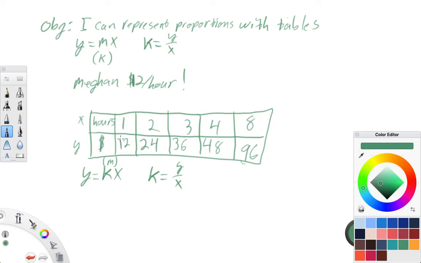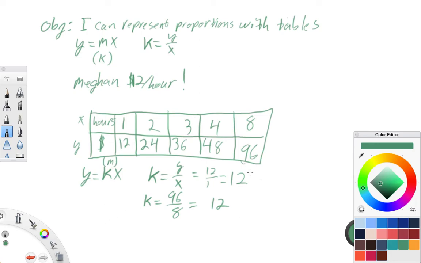And you'll see that this is true. So we're going to do this with a couple of them. 12 divided by 1 equals 12. Okay, easy enough. Let's do 96 divided by 8. That's our last point, 96 over 8. Well, 96 over 8 is also 12. Okay, so it's going to be the same for any of these sets.